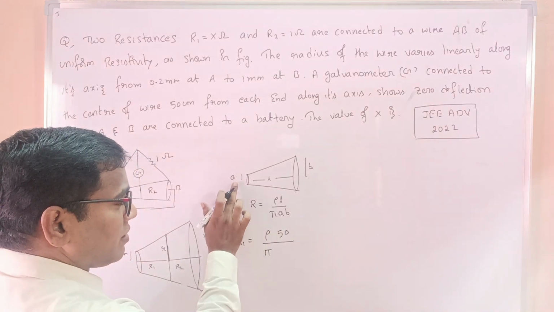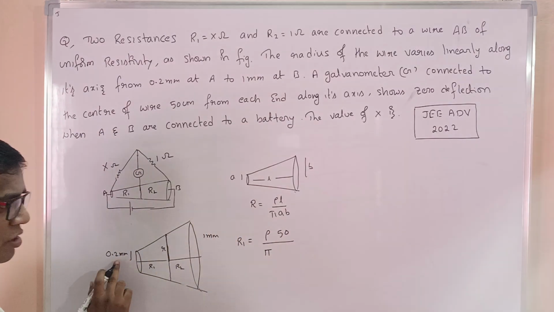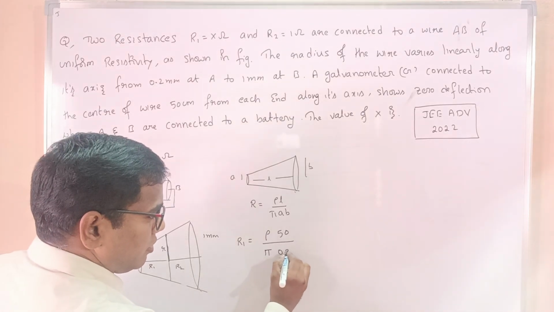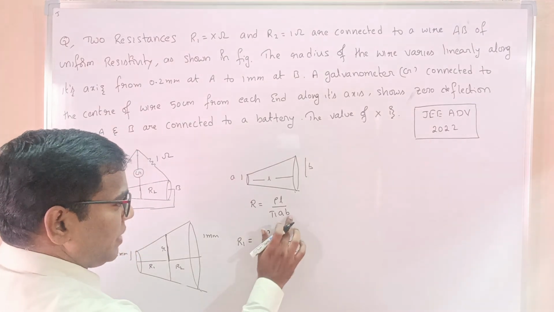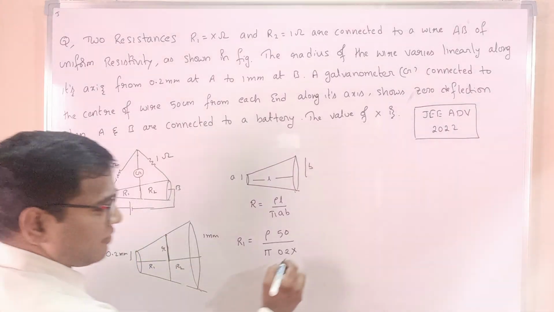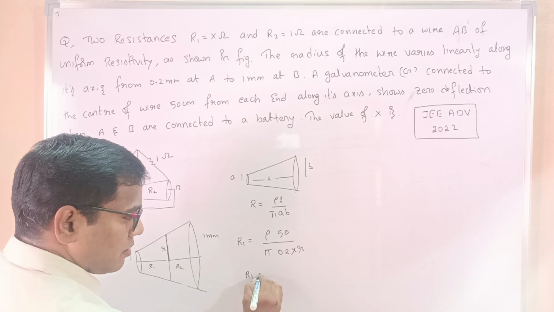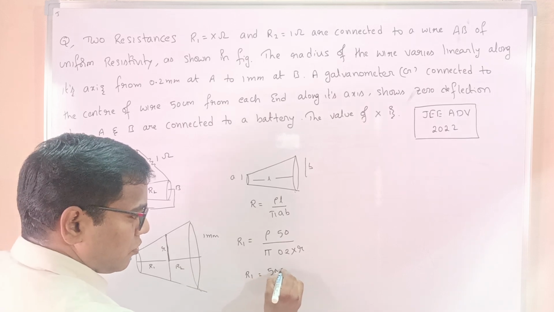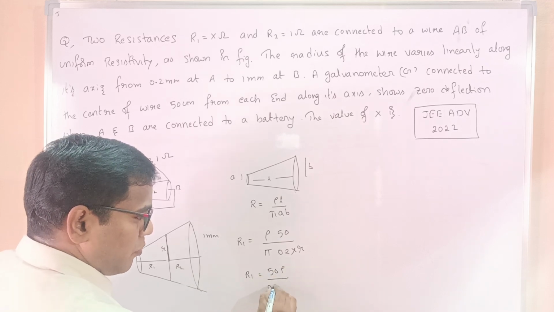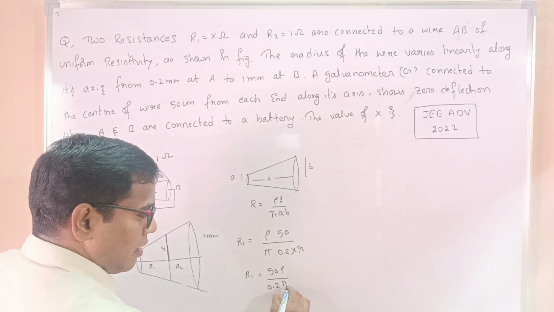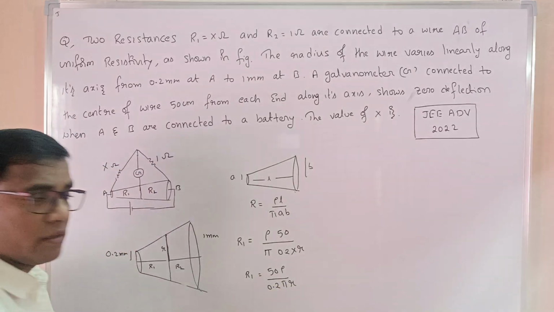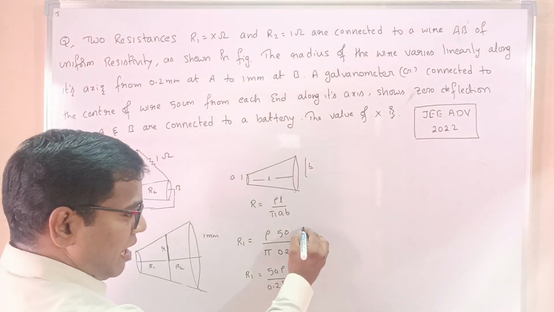A, the starting radius, is 0.2, and B is R. So R1 is equal to 50 rho by 0.2 pi R.